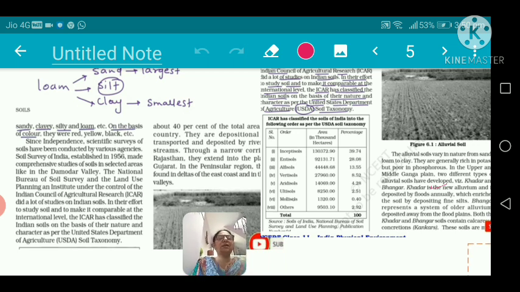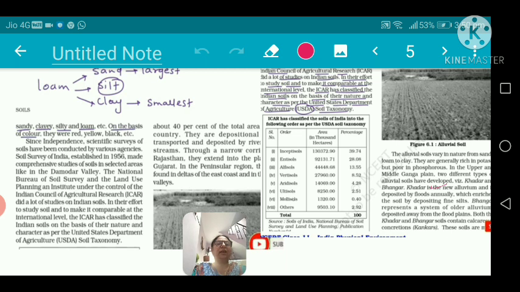Since independence, India has been very rich in everything even now, but it depends upon how we are using these resources. The first soil survey was done in 1956 from the Modar Valley, near the Modar River.